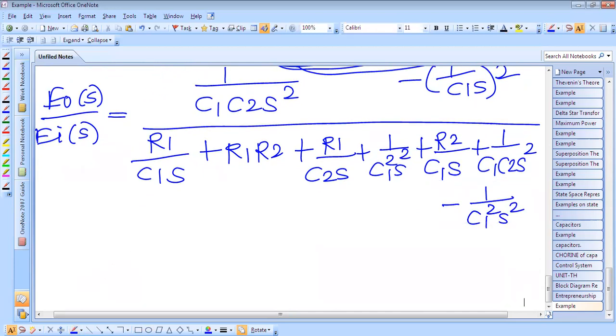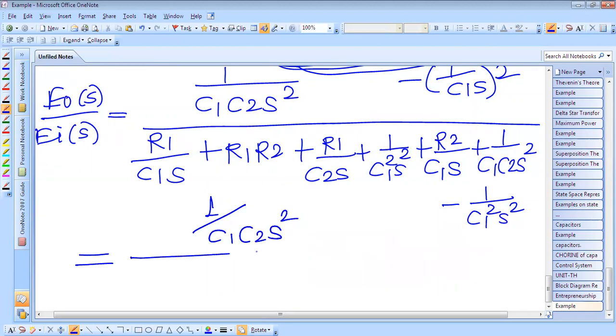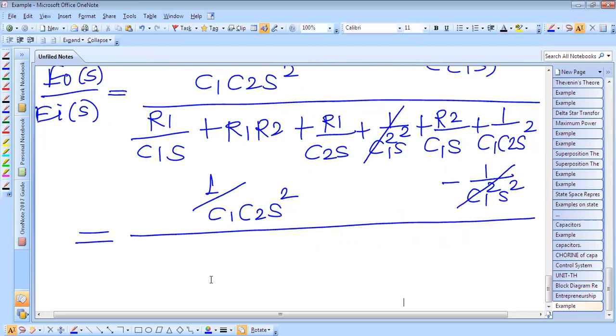So what remained there in the numerator? C1 C2 S square. In the denominator, 1 by C1 square S square, this will get cancelled. So what will remain there now?